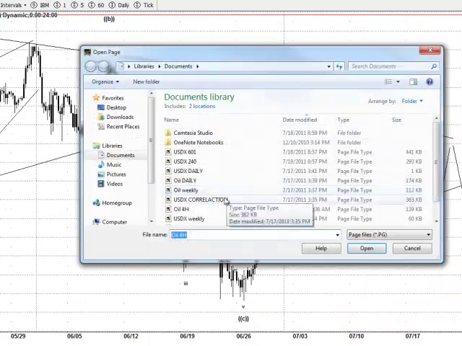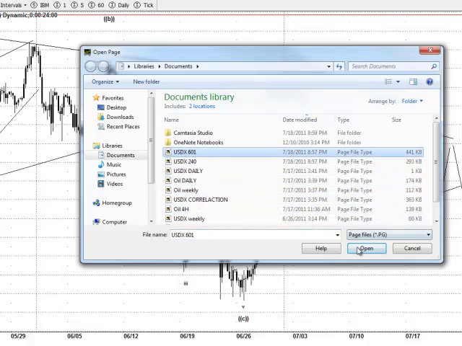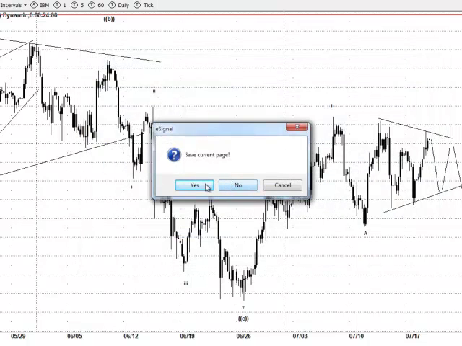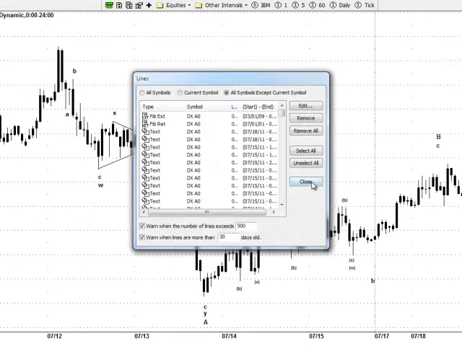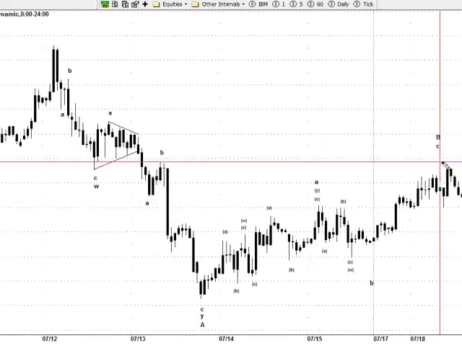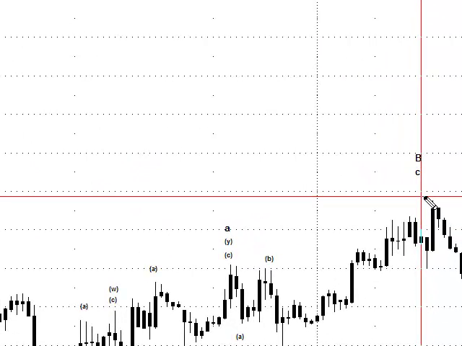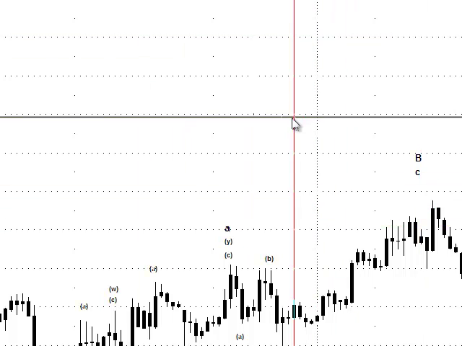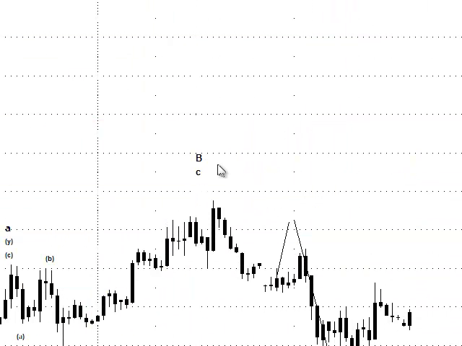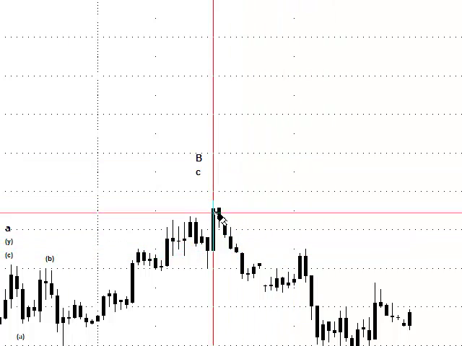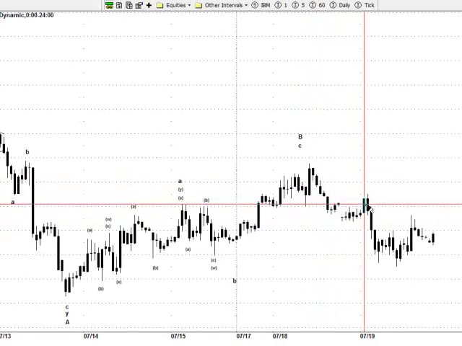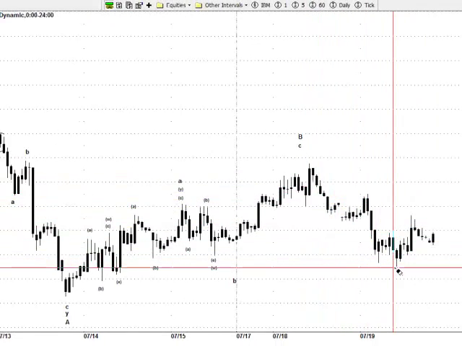Now, and finally, let's take a look at the US dollar. Okay, technically, what the dollar has done today, as everyone can see, is A, B, and then from there the dollar dropped in 5 waves. 1, 2, 3, 4, and 5.